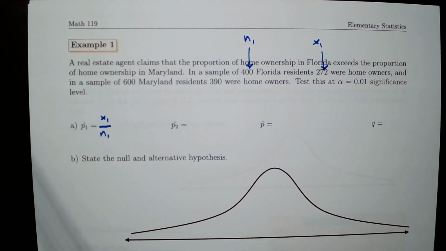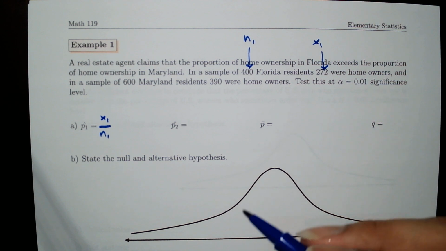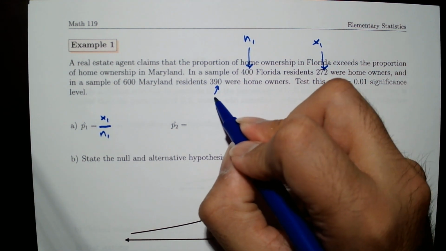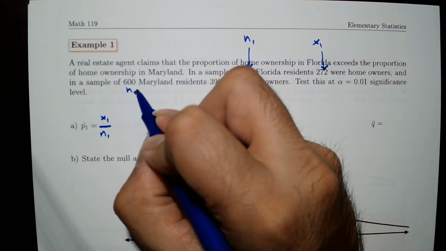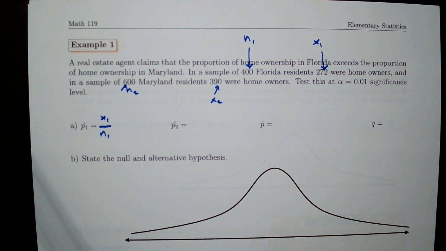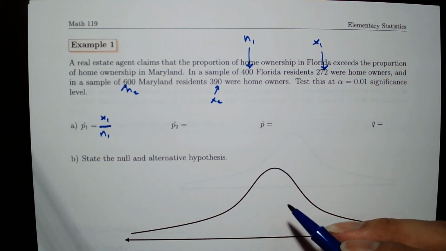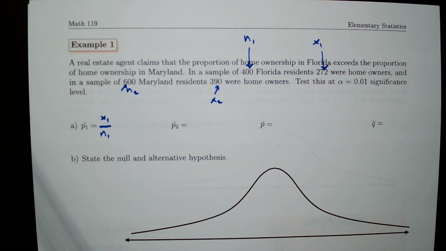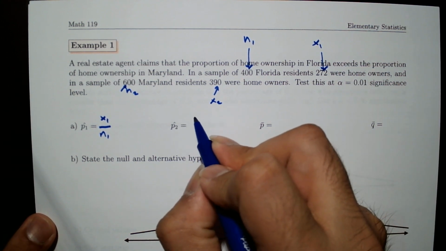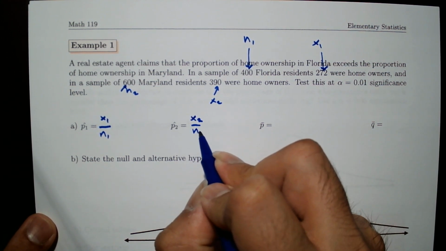That's the Florida one. And then this is going to be our x2 and n2 right here. Do we need hats for each? No, we don't need those hats. And then x2 over n2.